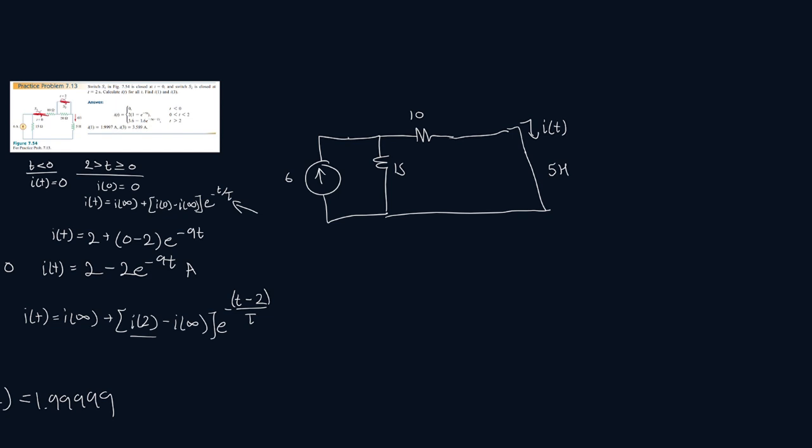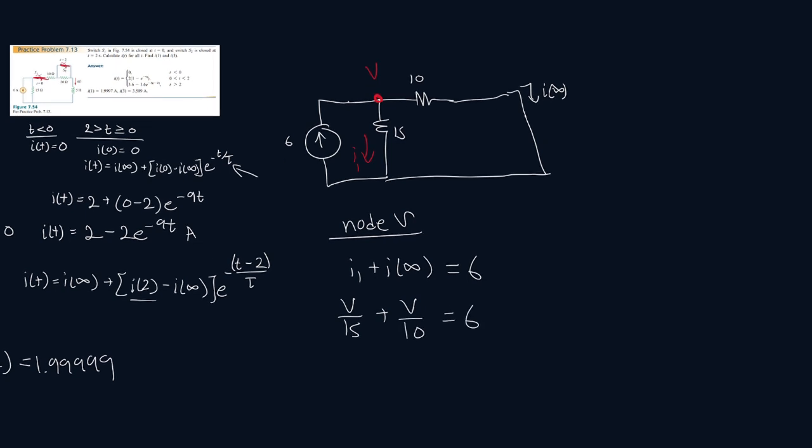Now let's find IT. So we'll do a node analysis. Let's call this V. I1. And then this is just IT. But we're trying to find I infinity, so we'll just call this I infinity. So node V will be I1 plus I infinity. They're both leaving the node, equals 6. So I1 is V over 15 plus I infinity, which is V over 10, equals 6.